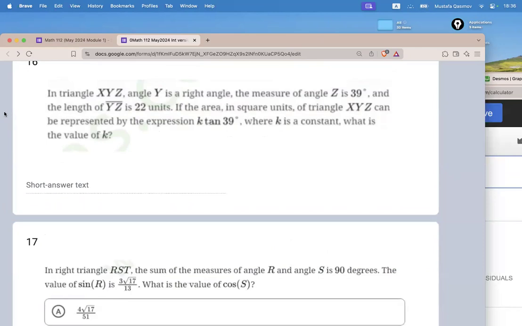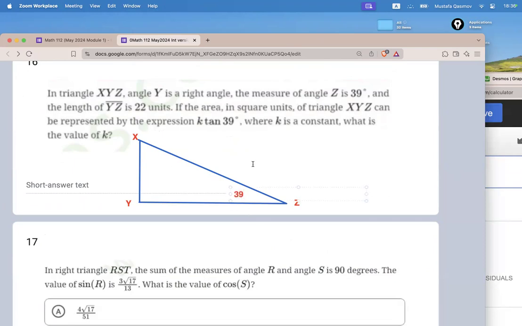For 16, we have to draw the triangle first. We have x, y, z. Y is equal to 90 degrees. Z is equal to 39. YZ is equal to 22. Let's say that XY is equal to a.